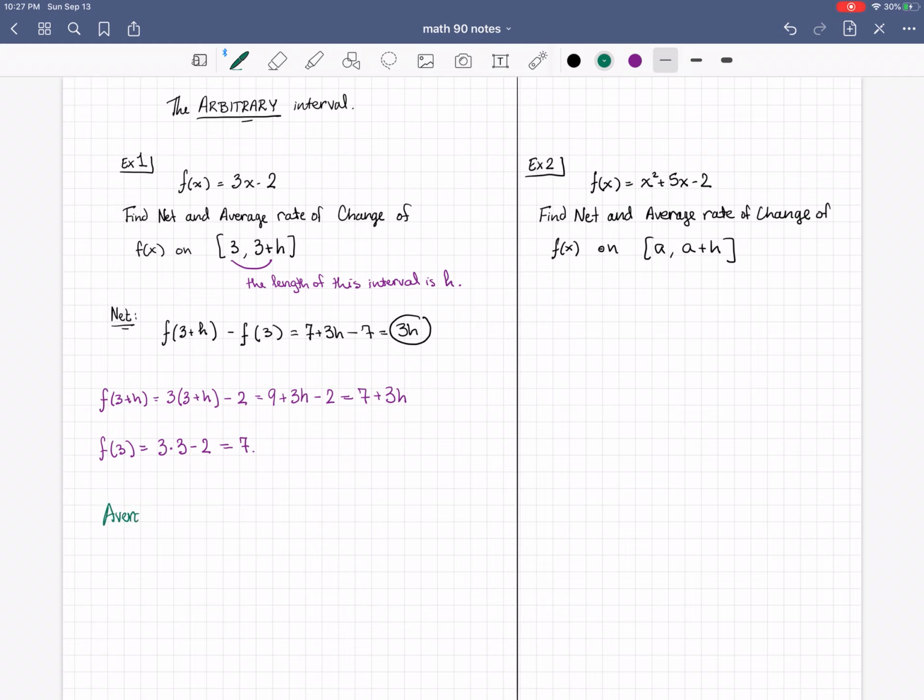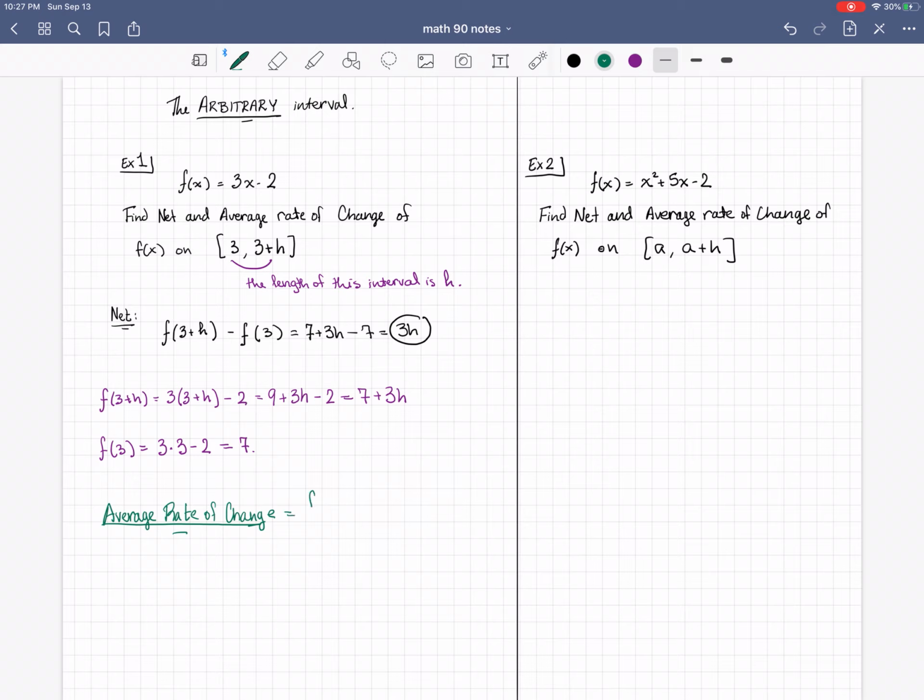Well, let's look at the average rate of change. Remember, the average rate of change: we're taking the net change and dividing it by the length of the interval.